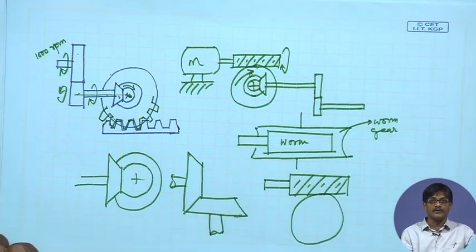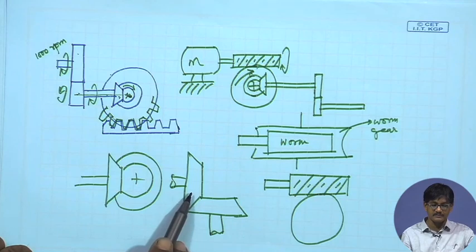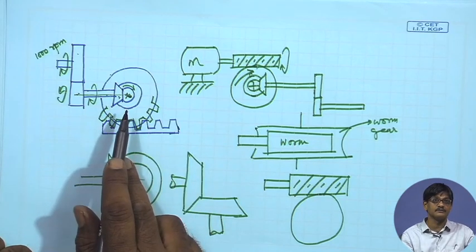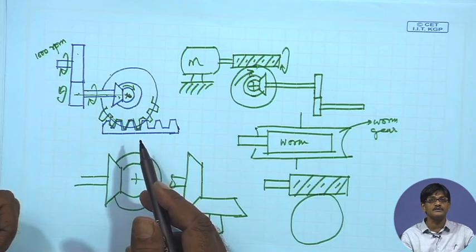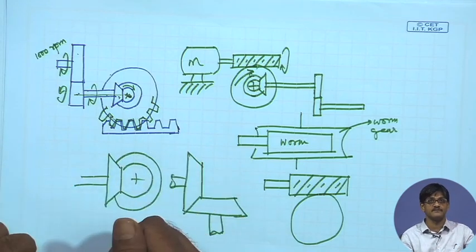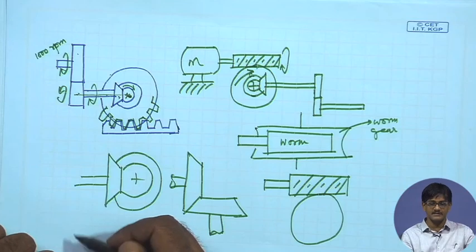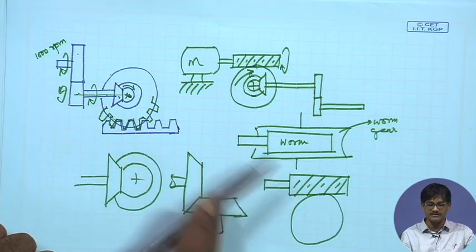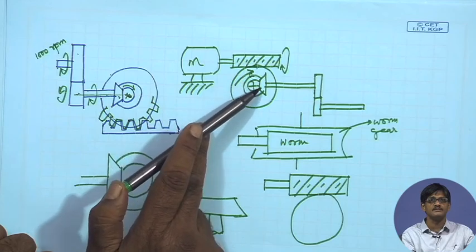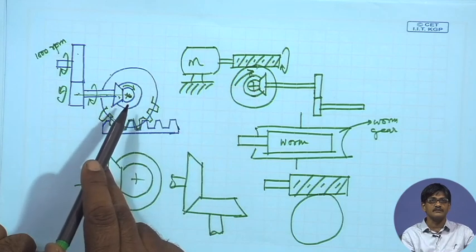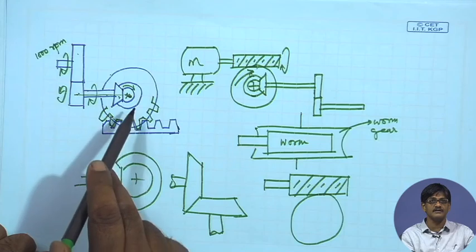Okay. Many times what happens is we include these drawings in a figure and ask a question, and the student in the very beginning is at a loss to understand what has been depicted. So, in this case, now after seeing these, you can easily recognize, yes, this is a worm and this is a worm gear, this is a bevel and its pair, this is a rack and its connecting pinion.